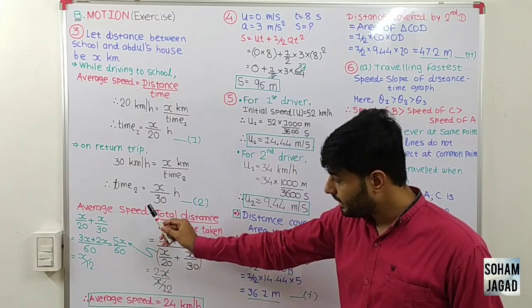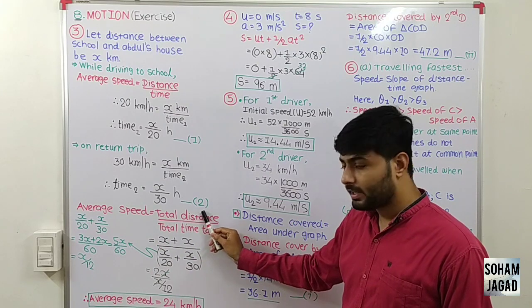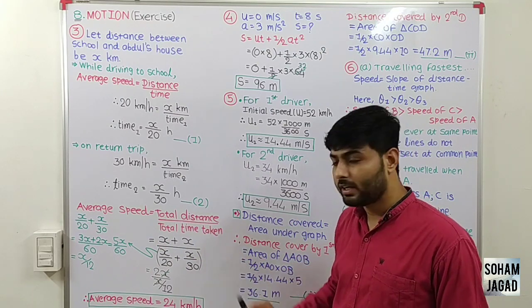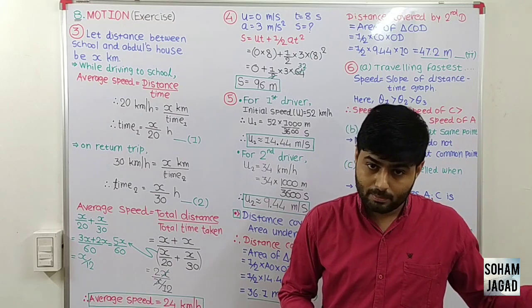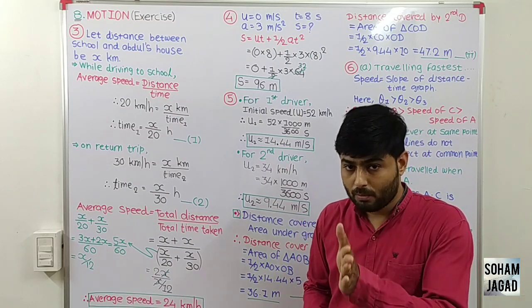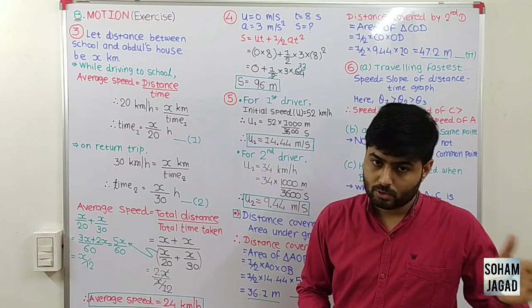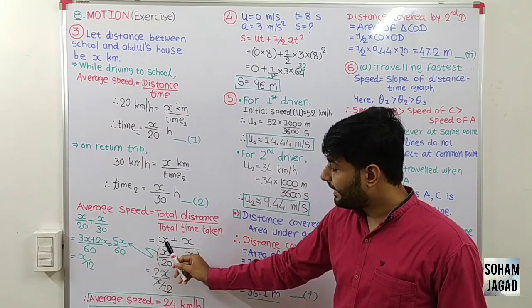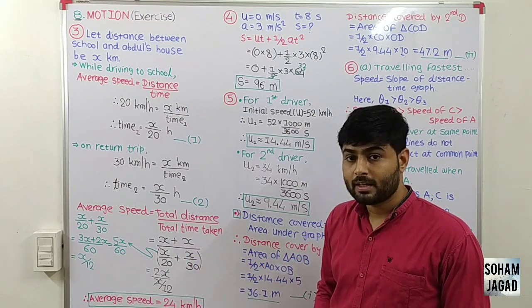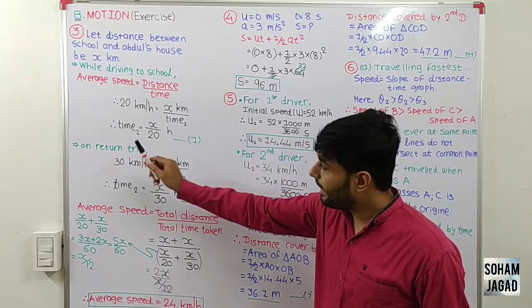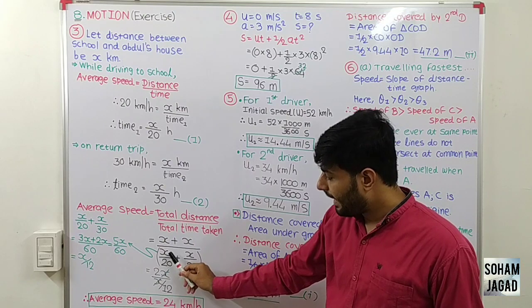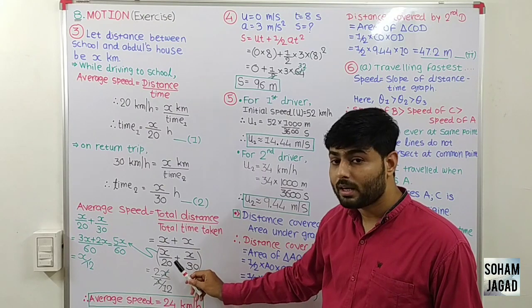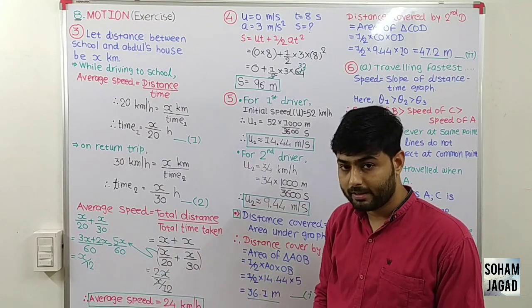So I write average speed is equal to total distance divided by total time taken. Now total distance is x plus x, meaning from home to school and school to home. So I write x plus x divided by time. We have time 1 and time 2, so I write x divided by 20 plus x divided by 30.